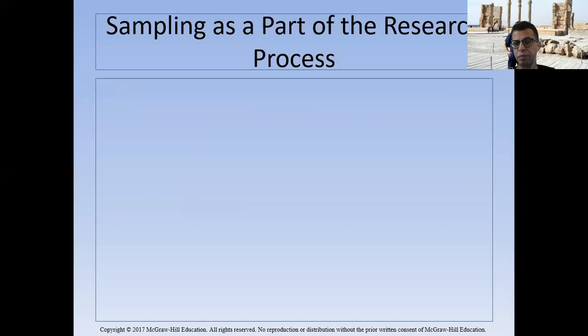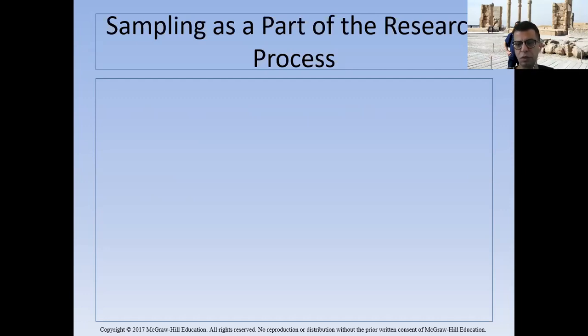Now, sampling is a part of the research process. When we do marketing research, we do a sampling because we're going to derive the result from this sampling to answer questions we already have in mind, such as building a menu, opening a new store, or exporting or importing a certain product.